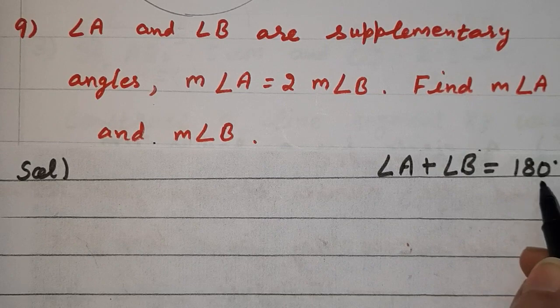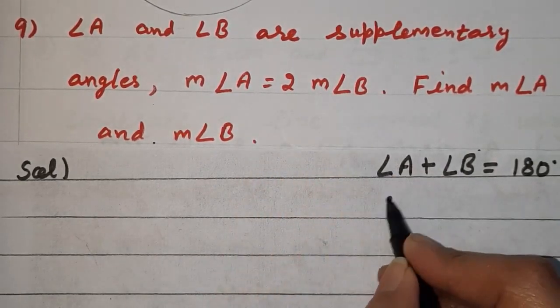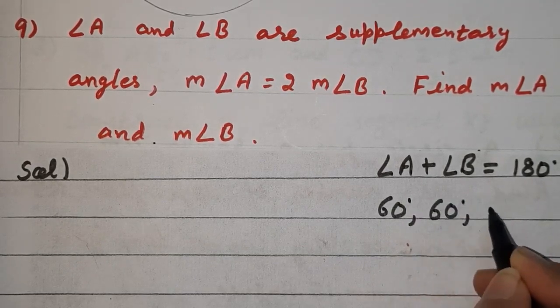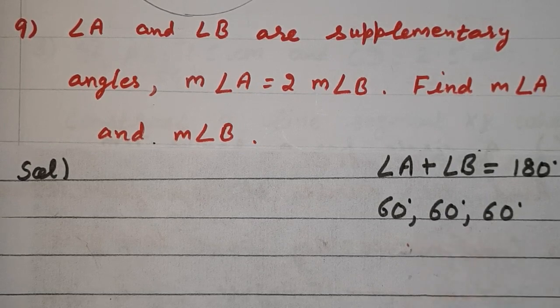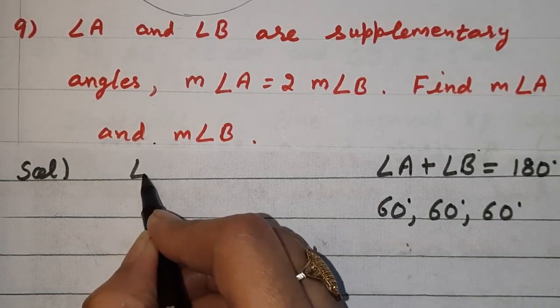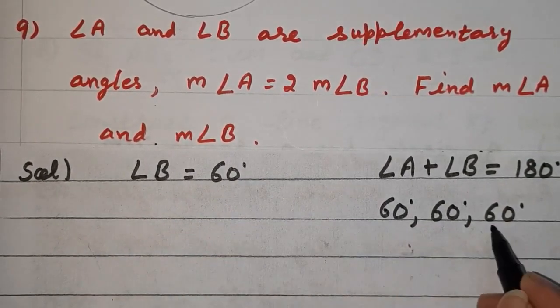If the sum is 180 degrees and angle A is double angle B, let's divide 180 into 3 equal parts. 60 degrees, 60 degrees, 60 degrees. A is double B. Angle B is 60 degrees.